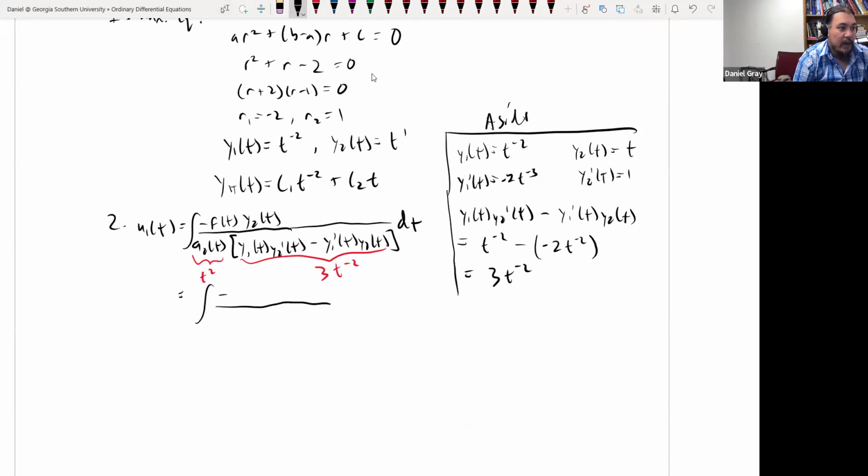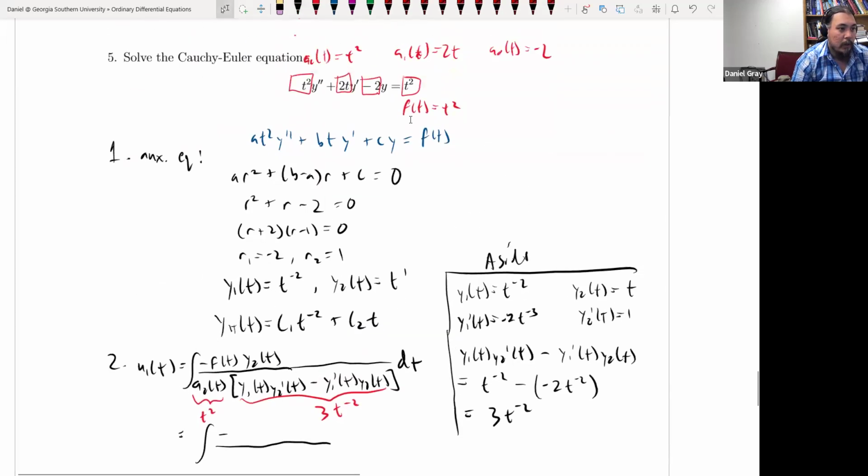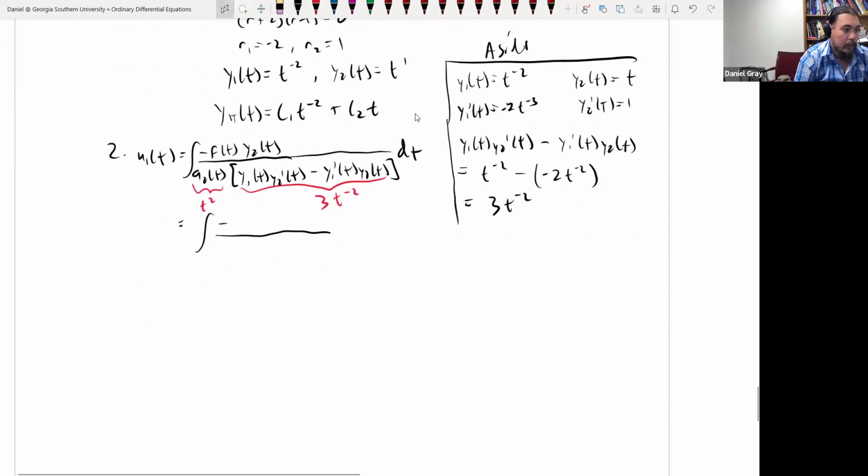So I have a negative f of t. My f of t was t squared. So a negative t squared times y2 of t, and y2 of t was just t to the first power, over our a2 of t, which was t squared times 3t to the negative second dt.